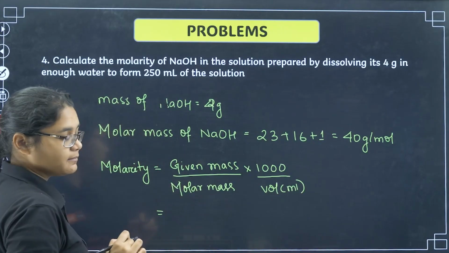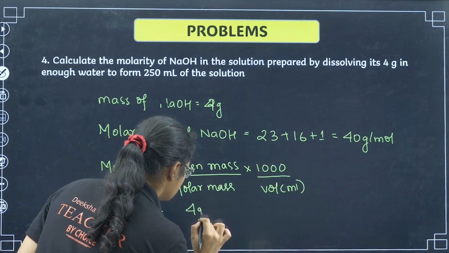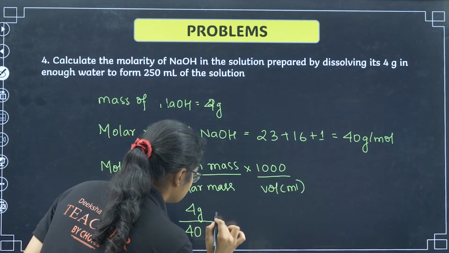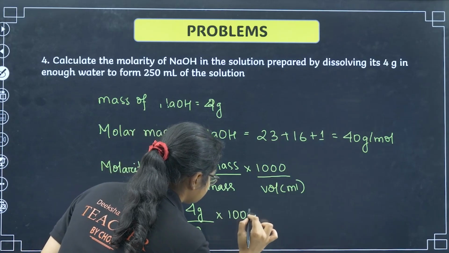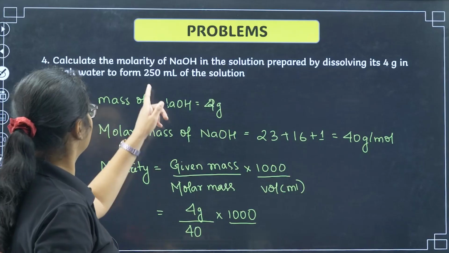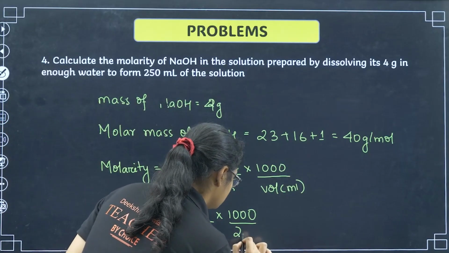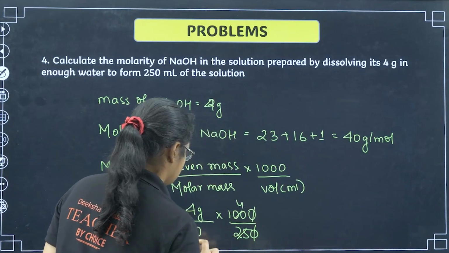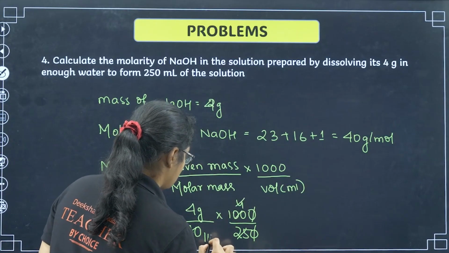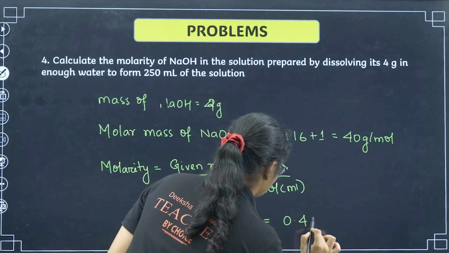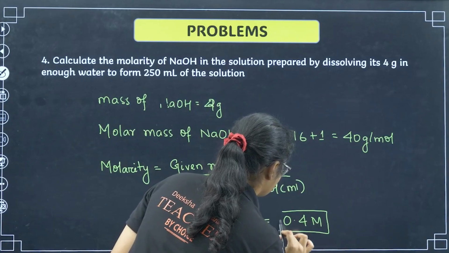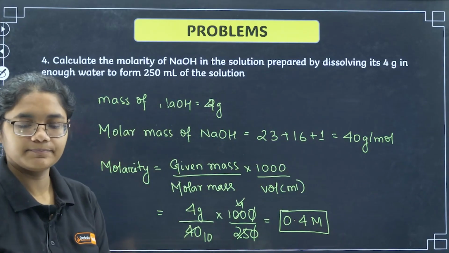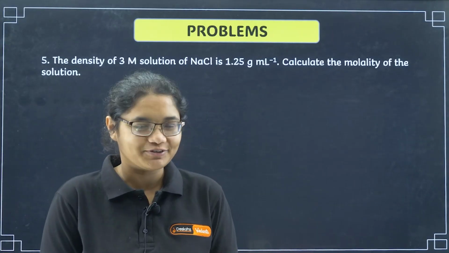What is the given mass? Here given mass is 4 grams, molar mass is 40 grams, into 1000 by, what is the volume? 250. So I'll get 0.4 molar. Clear? So now let us see the 5th question.